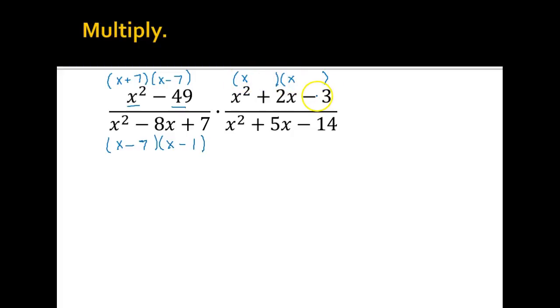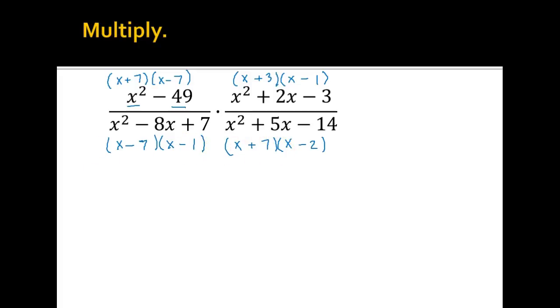Factors of negative 3 would be positive 3 and negative 1. Those add up to 2. And then the factors of negative 14, I'm thinking that's positive 7 and negative 2. Those add up to 5.